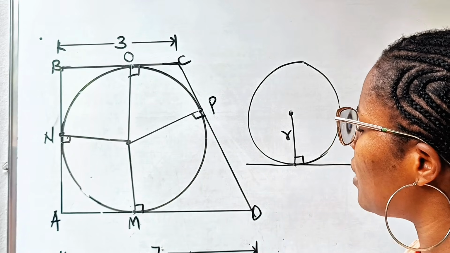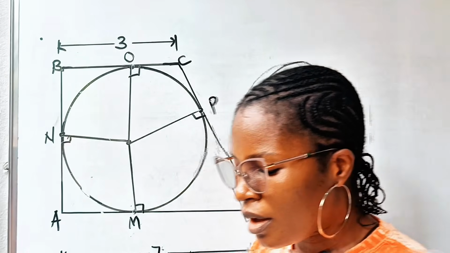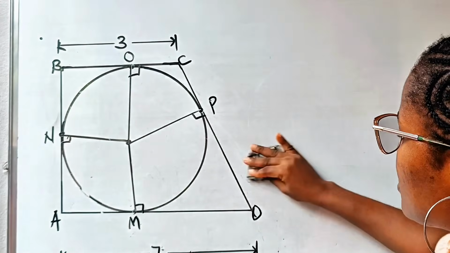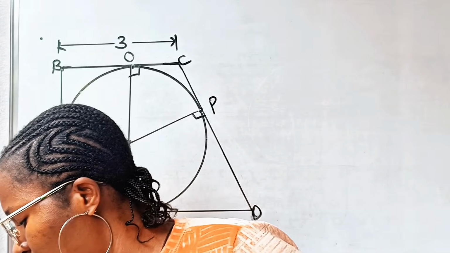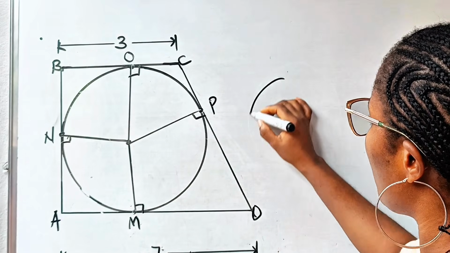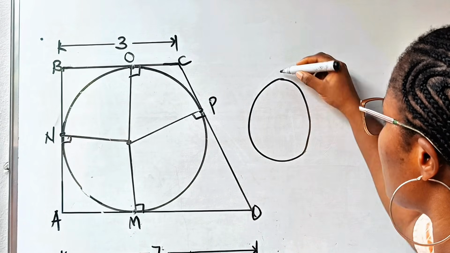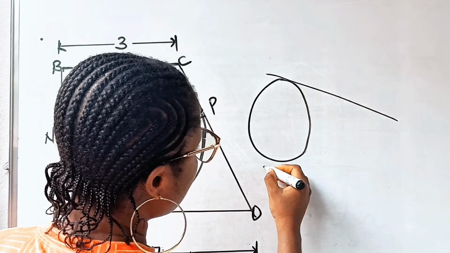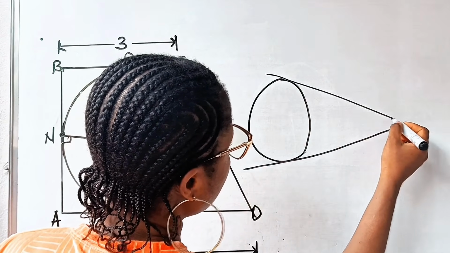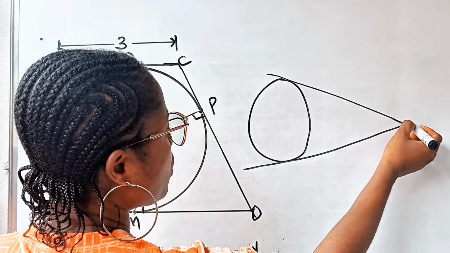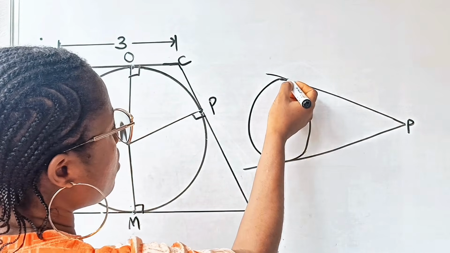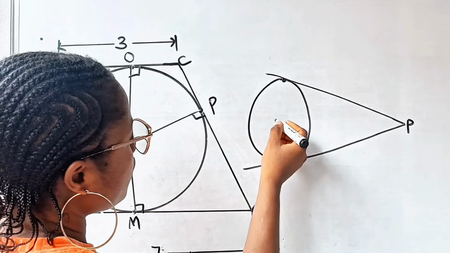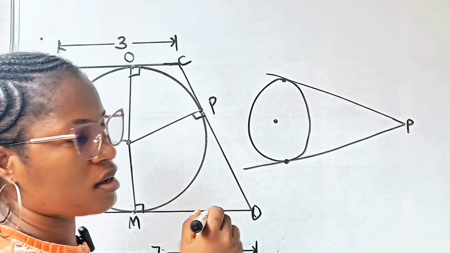All right, now remember another theorem, the tangent theorem. What does the tangent theorem state? The tangent theorem states that when two tangents to a circle meet at a point, so let's call this the first tangent and this the second tangent, and their point of contact is P. Now, this is the point of contact with the circle, and this is the center of the circle.